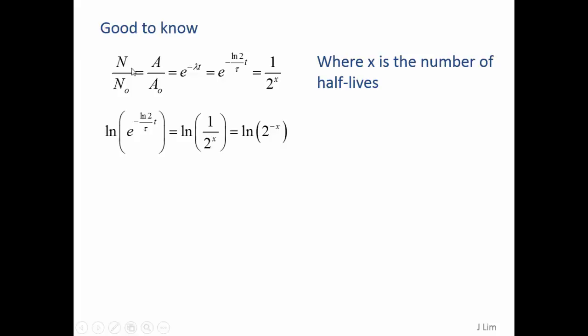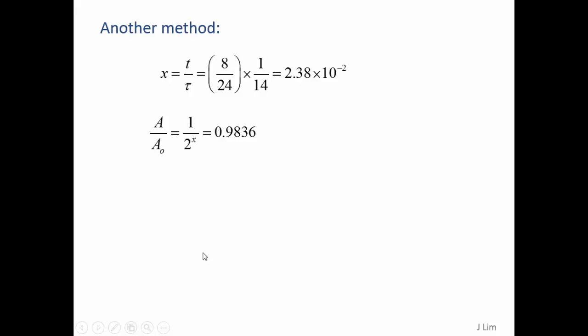So if we take ln of both sides, we get minus ln 2 over half-life multiplied by time equal to minus x ln 2, and then x will be equal to the simple ratio of time divided by the half-life. So using this method, we can calculate x, which is 2.38 times 10 to the power minus 2, and then the ratio of the activity will be equal to 0.9836, same as before.